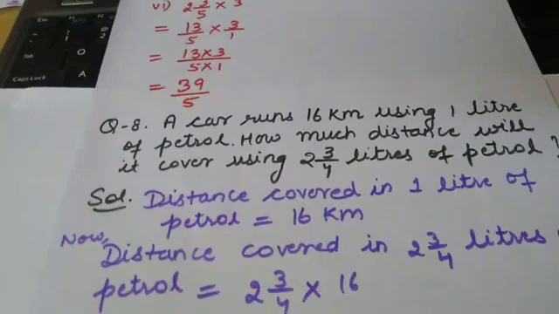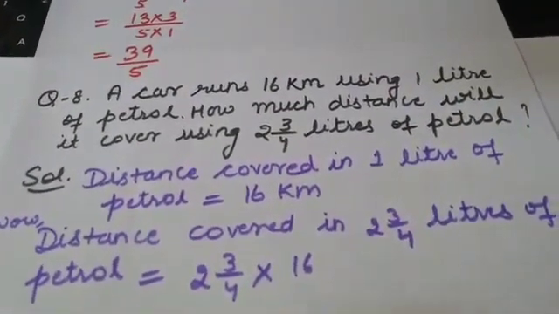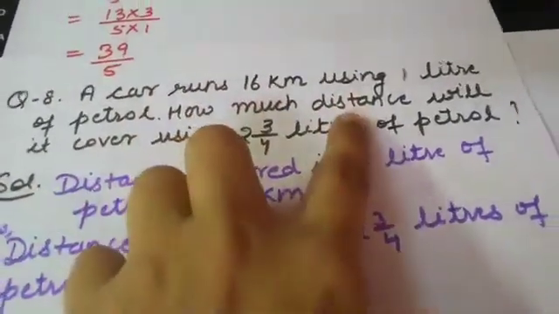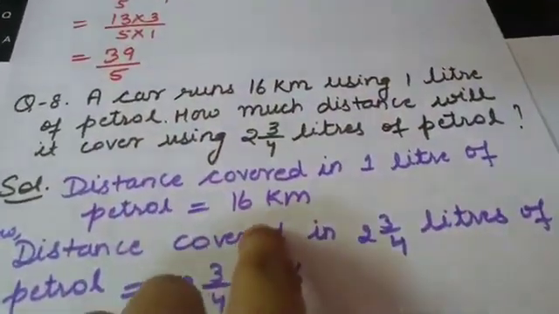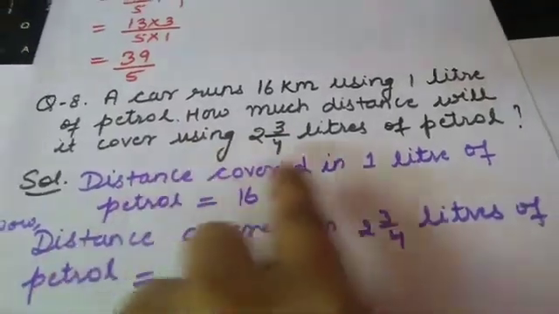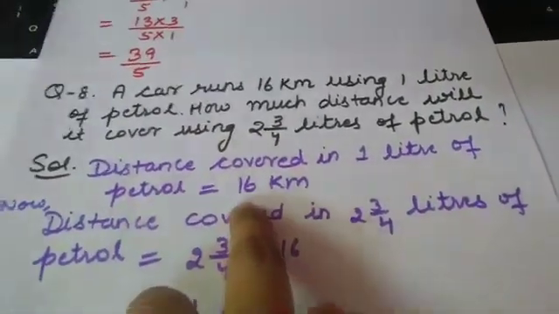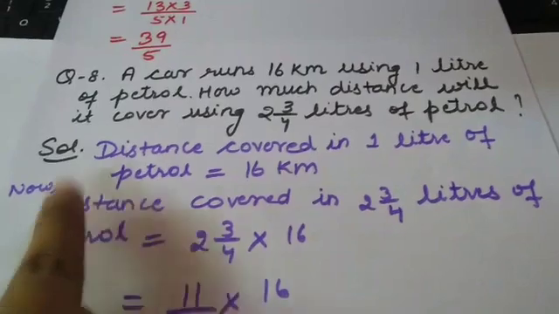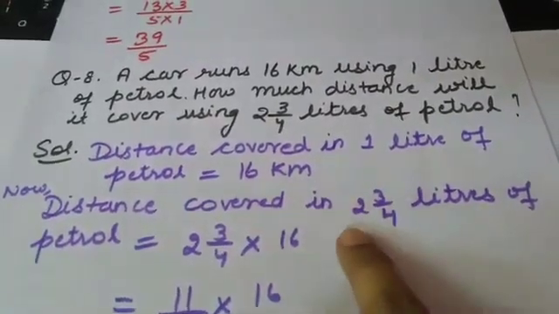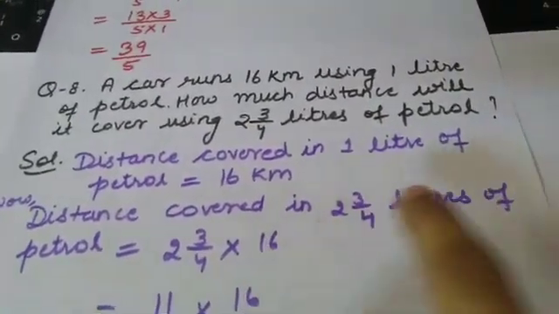This question I will solve by the unitary method. The thing which you have to find must be on the right side. So here you have to find the distance, so that should be kept on RHS. The distance covered in 1 liter of petrol is given, that is 16 km. You have to find the distance covered in 2 whole 3 by 4 liters of petrol.